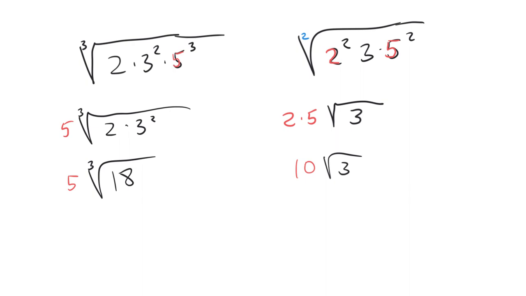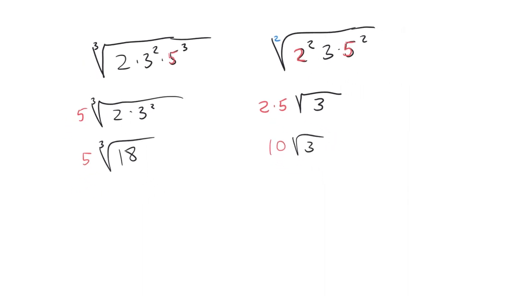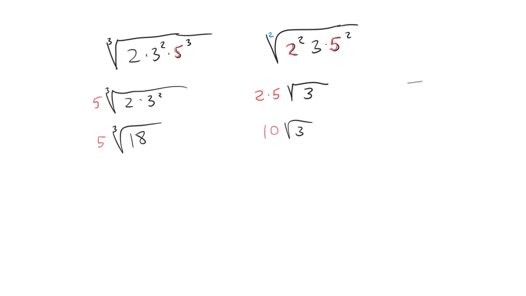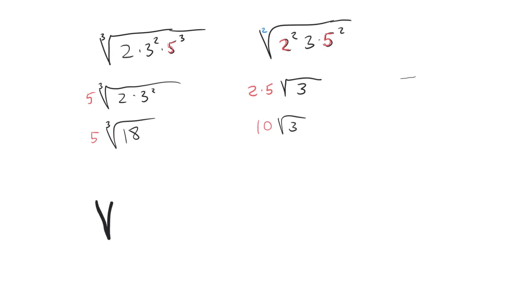Now, unfortunately, there is another thing that can happen that we need to pay attention to. And that is the fact that occasionally it's not going to be so straightforward. So, for example, let's say we have the cube root, and this is 2 to the third, okay, fine. 5 to the fourth, though.